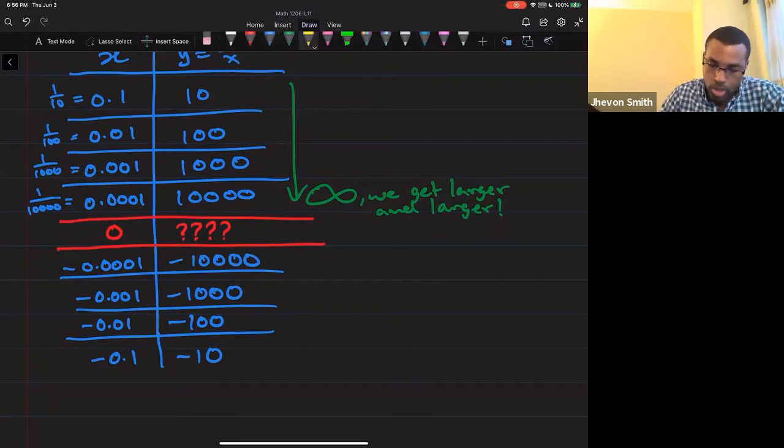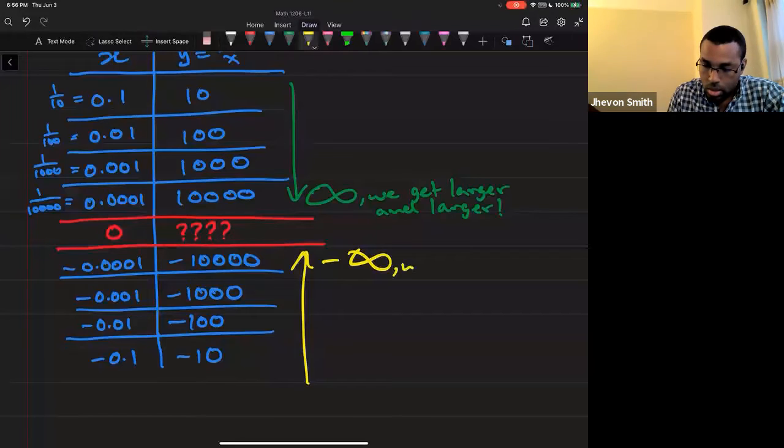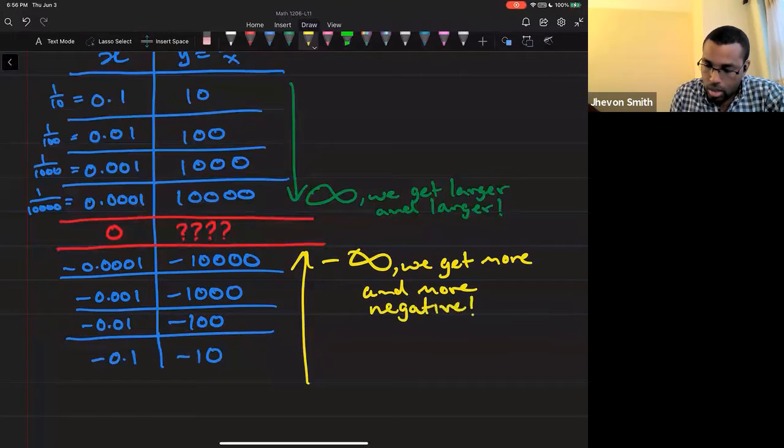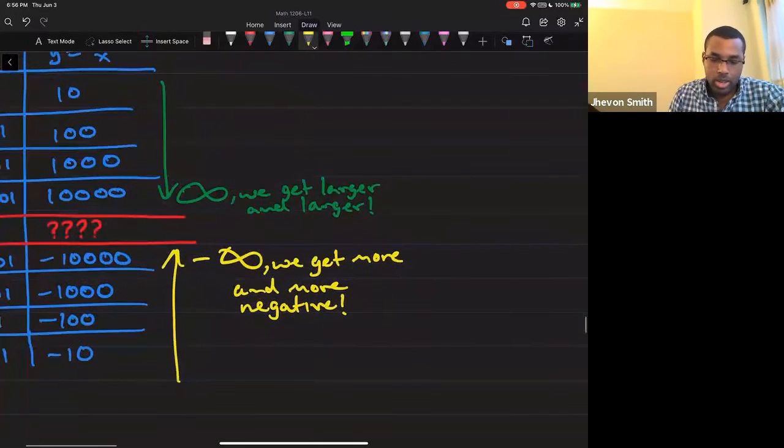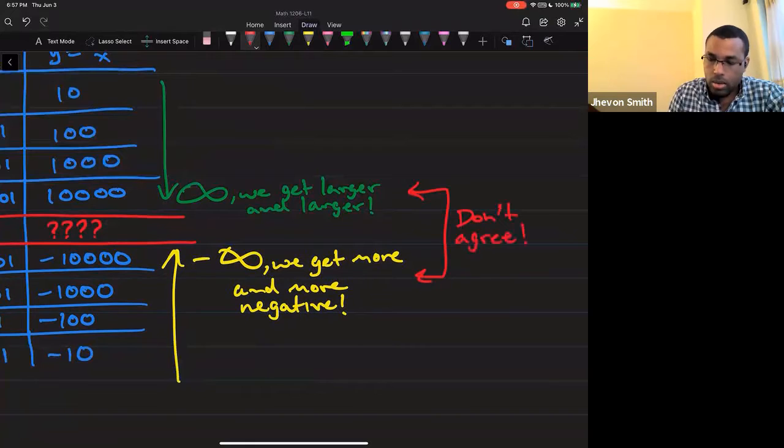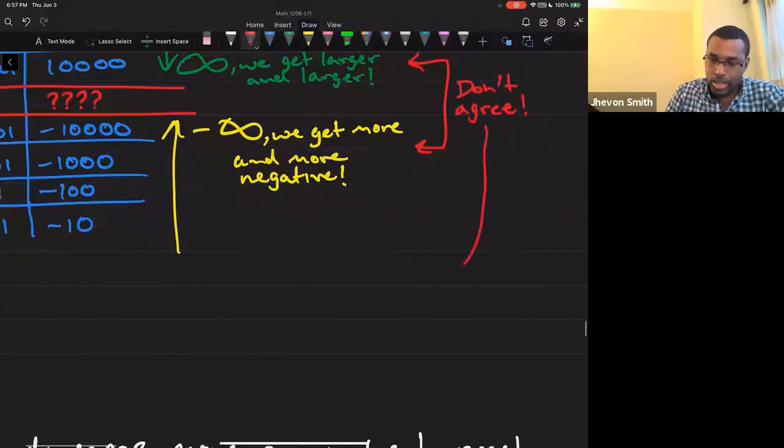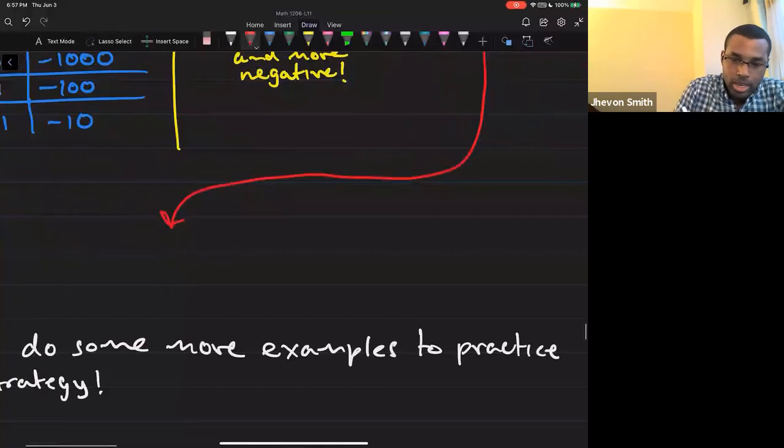As you're approaching from this side, you're going off to negative infinity, more and more negative. Then you can look at these two and see they don't agree. So that tells you the limit does not exist.